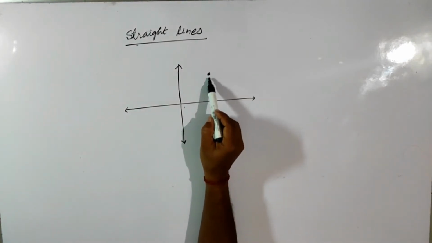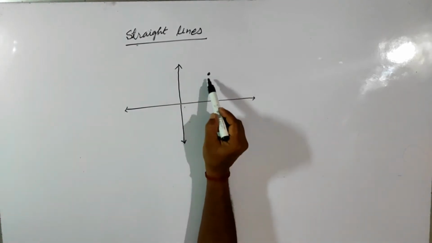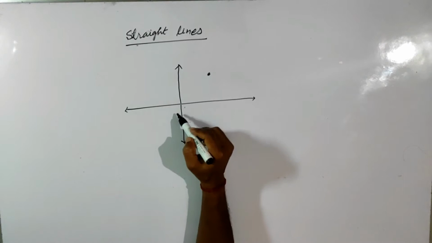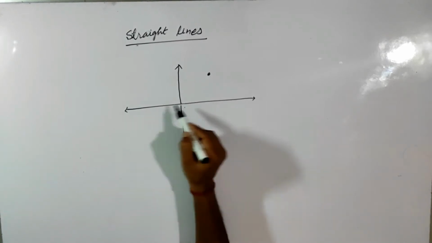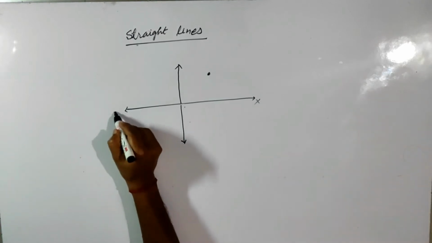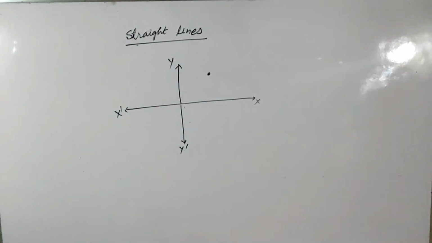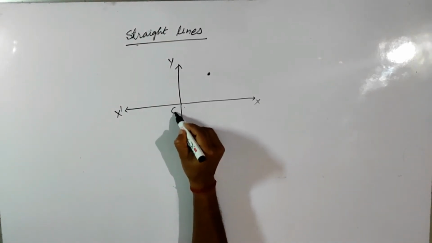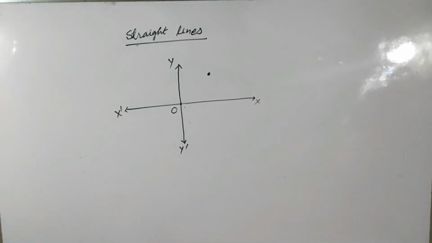The point where both lines, the x-axis and y-axis, intersect is the reference point, called the origin.